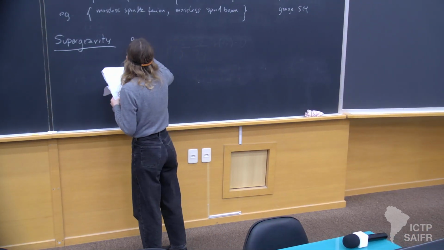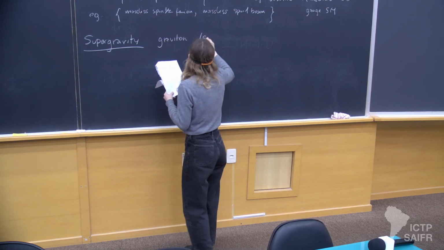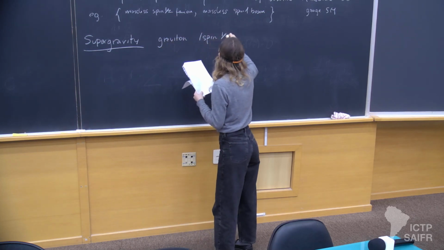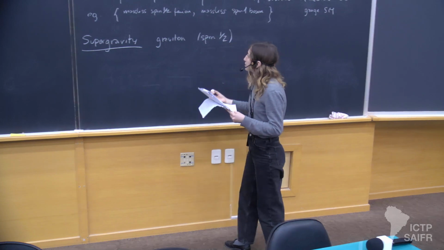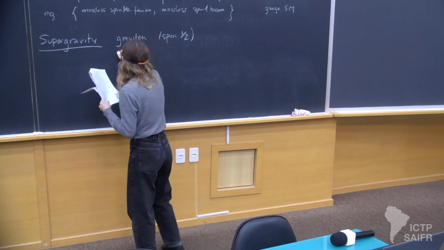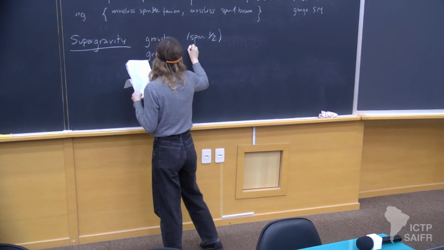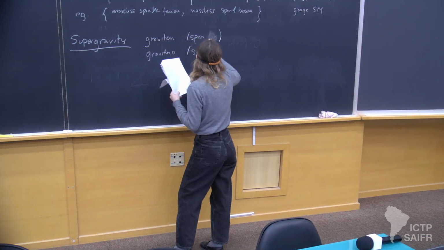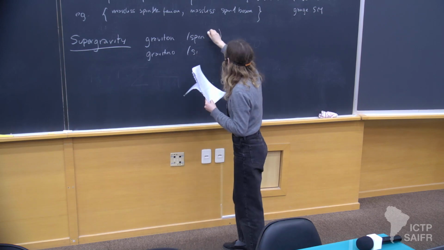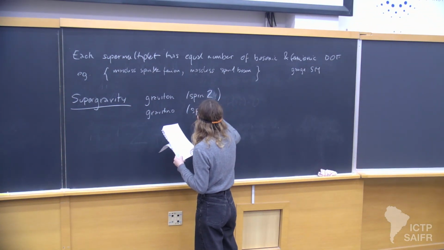So your field content will for sure have a graviton, which is spin 2. The superpartner of the graviton is a particle called the gravitino, which is spin 3/2.